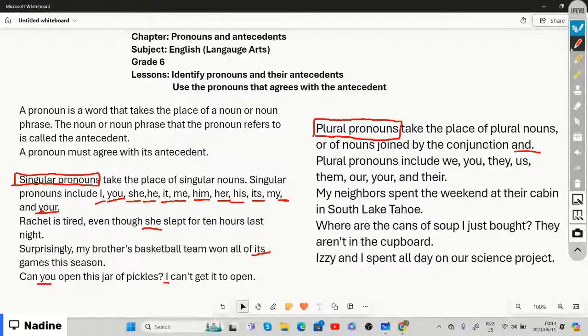We have conjunctions and, but, or, so. But here, plural pronouns take the place of a plural noun, or specifically of nouns joined by the conjunction and.